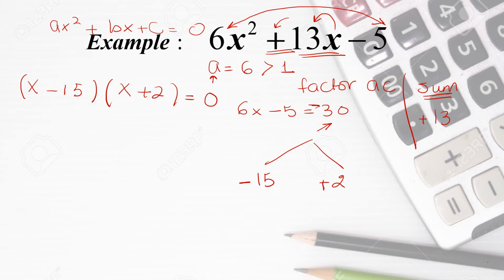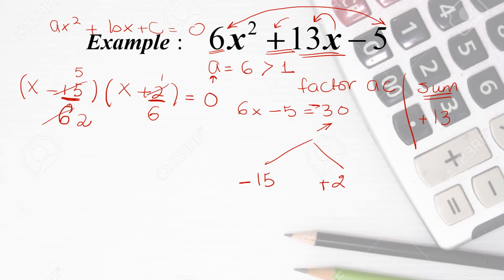From here it is the same as when the coefficient is 1. Now since the coefficient is 6, something other than 1, what you have to do is divide the second term of the binomial by that a. Divide the other bracket also by a. So if you simplify them, you know 3 times 5 is 15 and 3 times 2 is 6.